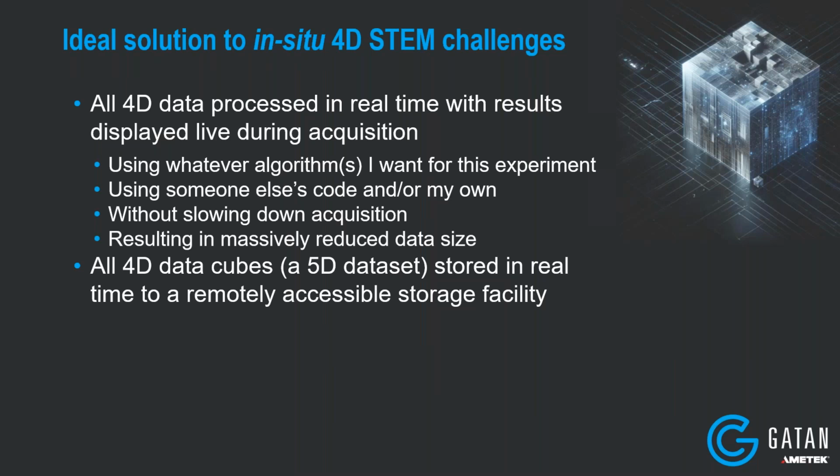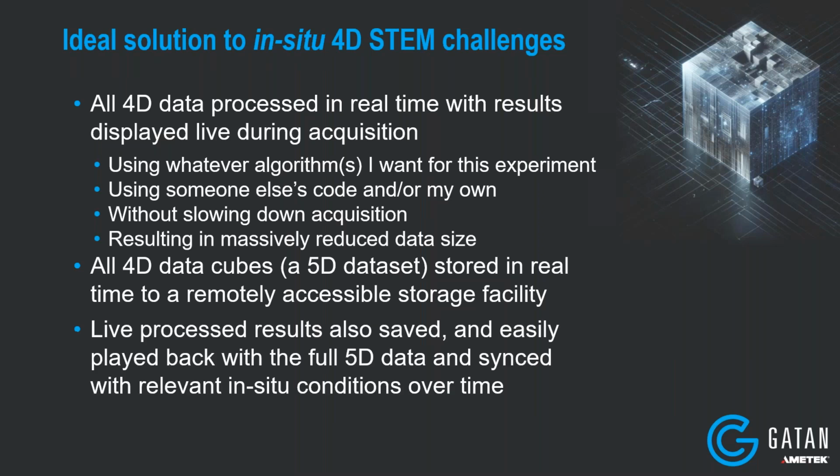But maybe it turns out that the processed data is all that I need. But maybe for some experiments, for some bits of data, I might want to go back and look at the full 5-dimensional data set. I would also want to be able to save, of course, these live process results and play them back.